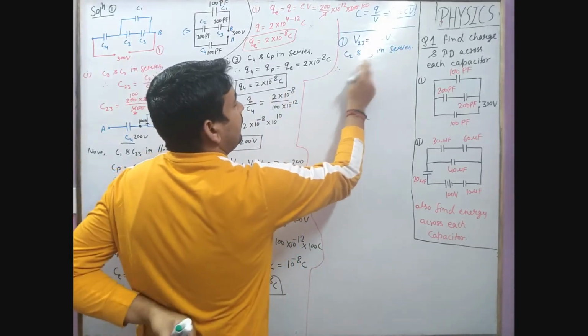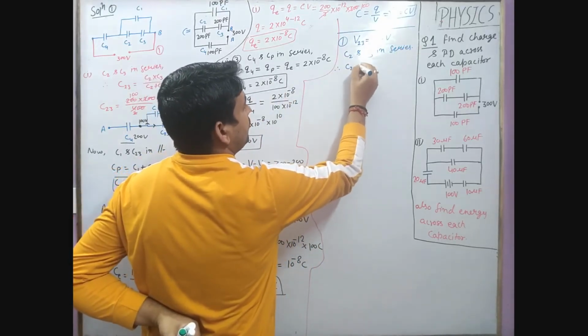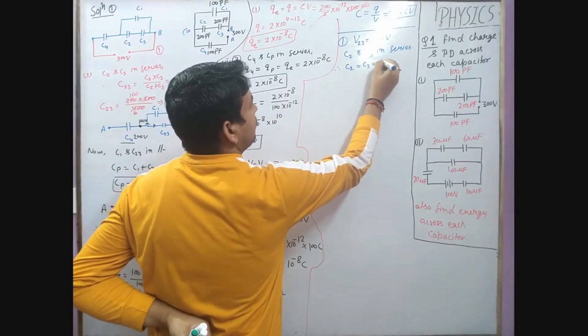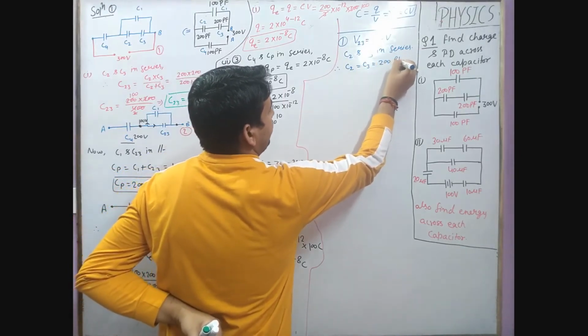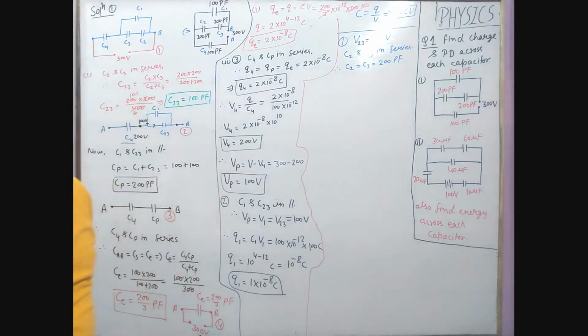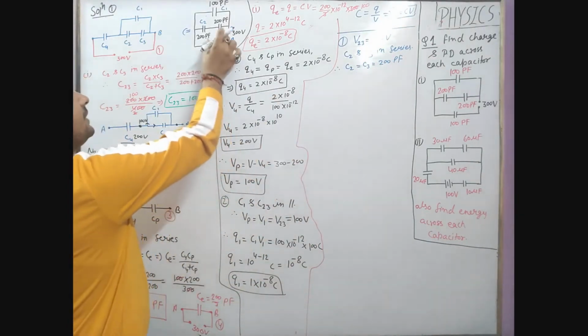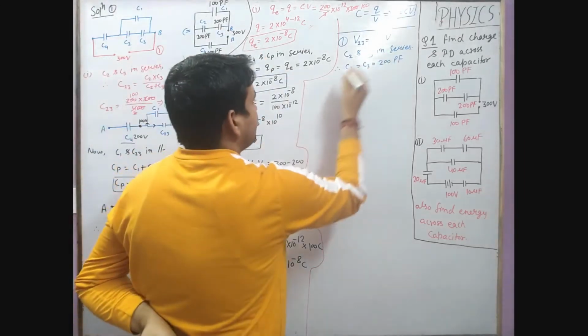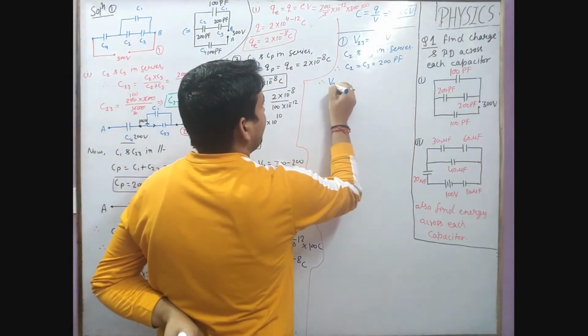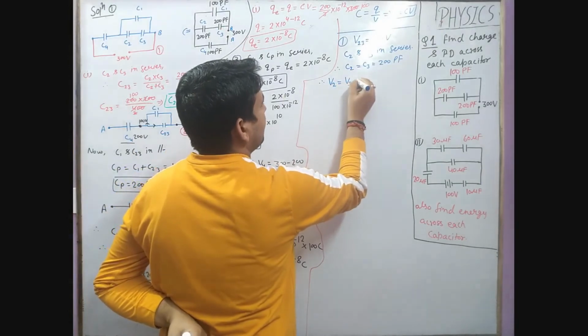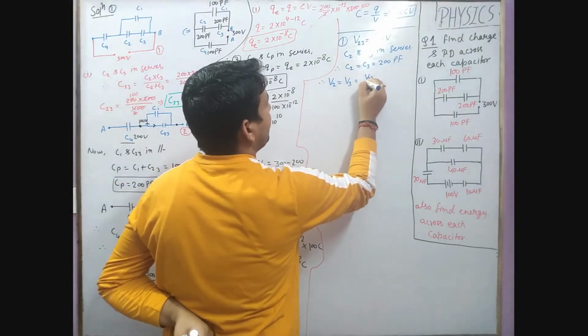C2 equal to C3 equal to 200 picofarad, because both values of capacitor are same. Therefore, we find that the potential is equally distributed, which means V2 equal to V3 equal to V23 by 2.